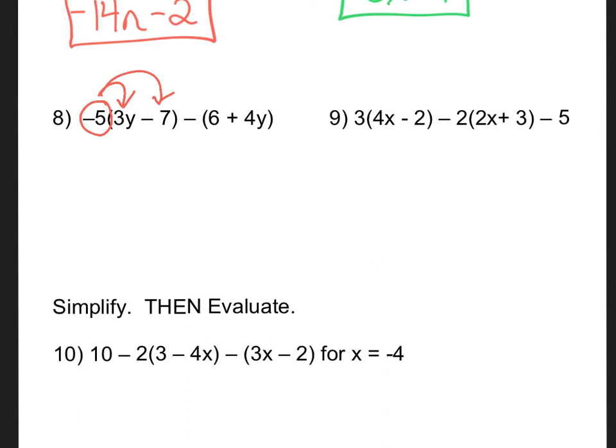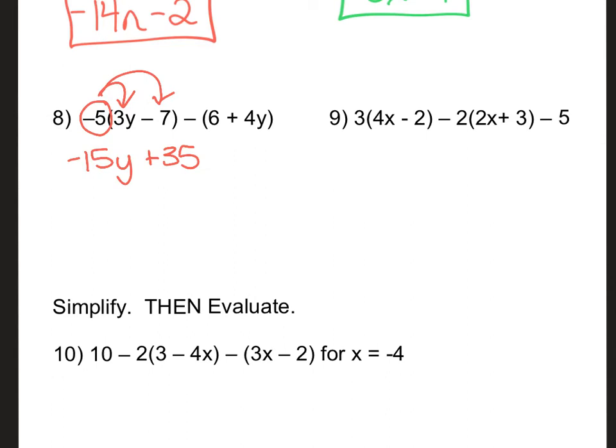So first of all, we're going to just work with this first part. The negative 5 distributes to everything in the parentheses directly behind it. So negative 5 times 3y is negative 15y. Be super careful. A negative 5 times a negative 7 is a positive 35. 2 negatives make a positive. That is another common mistake.